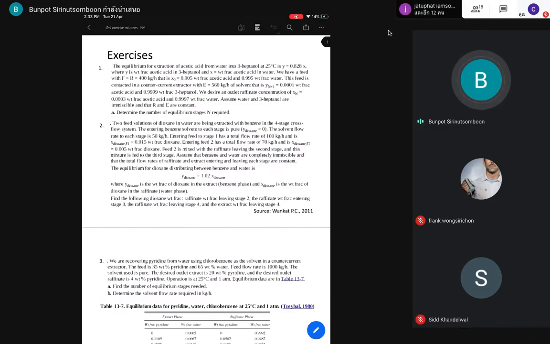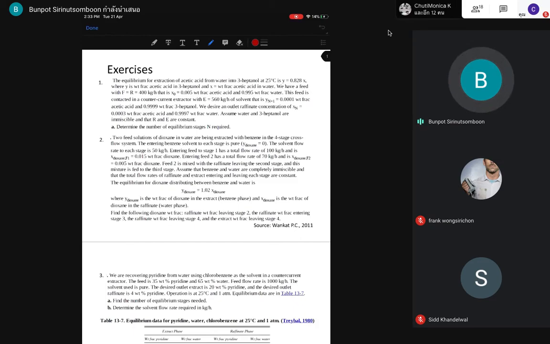But anyway, for question 1, we deal with liquid extraction, since chapter 9 is the liquid extraction, right? So question 1 is going to be counter current extraction.